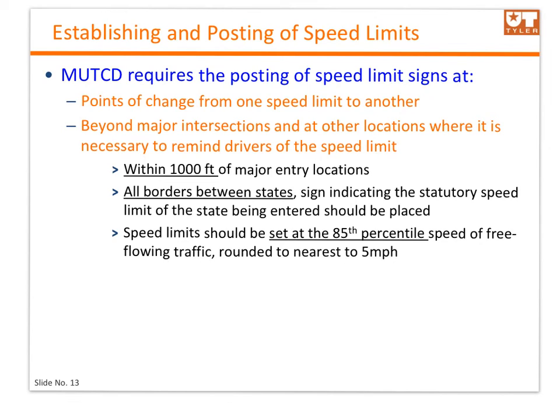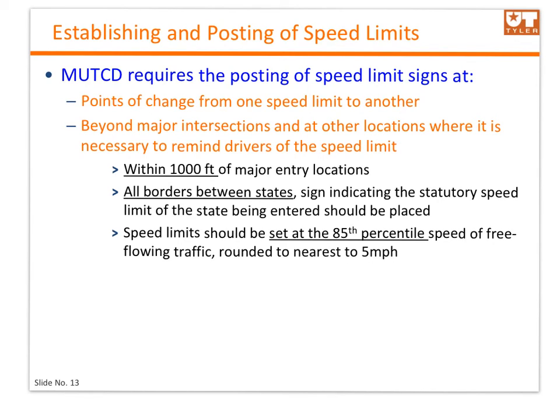Another requirement from the MUTCD is to place speed limits beyond the major intersections and at other locations where it is necessary to remind drivers of the speed limit. For example, we have to have the speed limit posted within 1,000 feet of major entry locations.